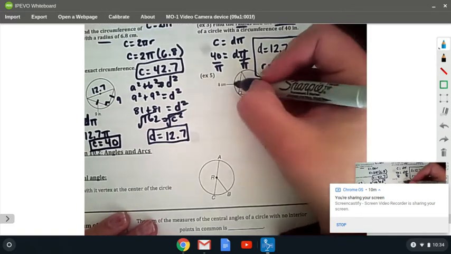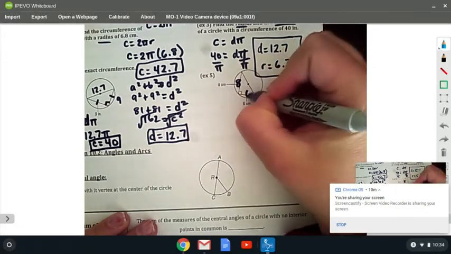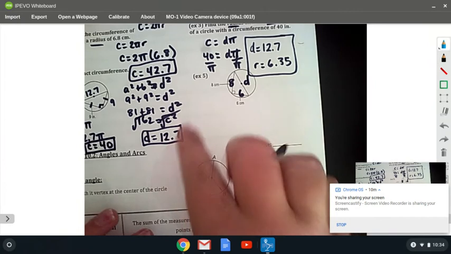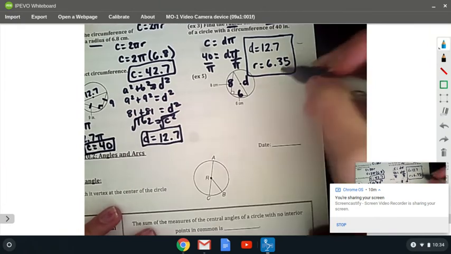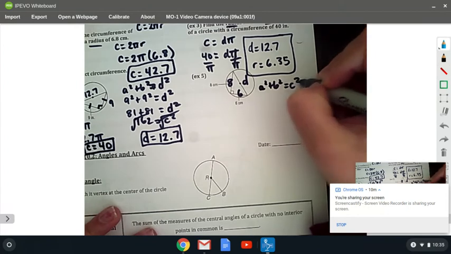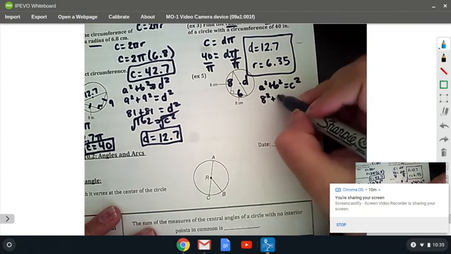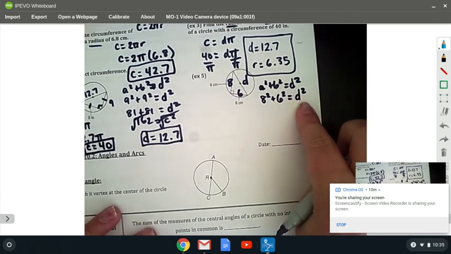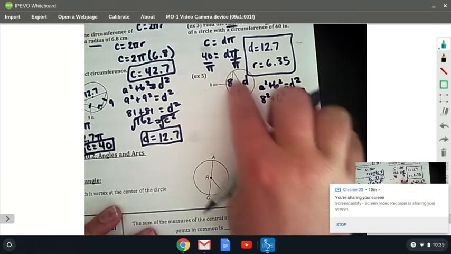We're going to use Pythagorean theorem again. You have this leg is 8, this leg is 6. Find the d, the diameter, which is our c when we're talking about Pythagorean theorem. So a squared plus b squared equals c squared. I'm going to plug in my 8 and my 6 for the legs. And I'm going to call this d again so we don't get confused.